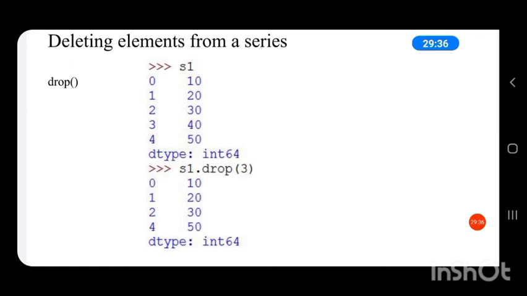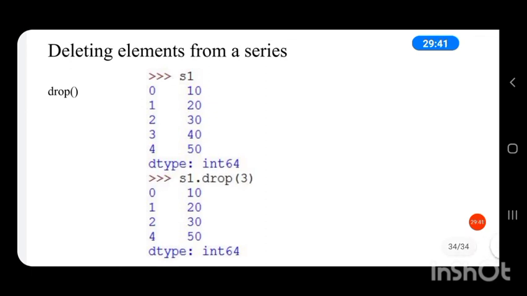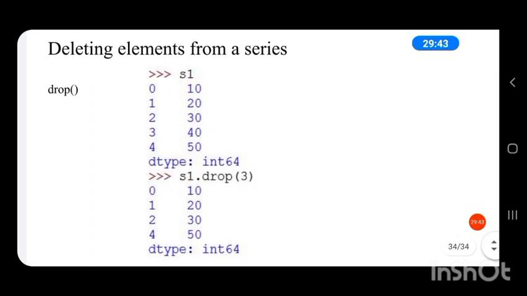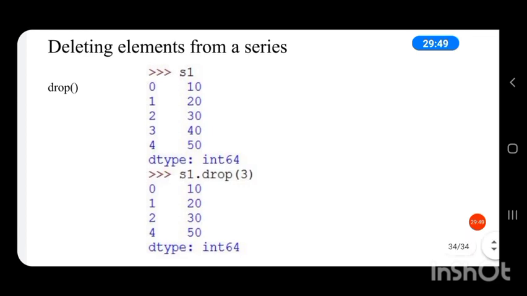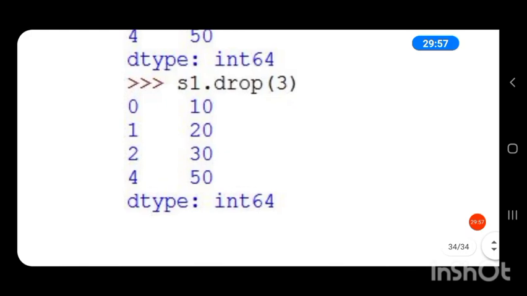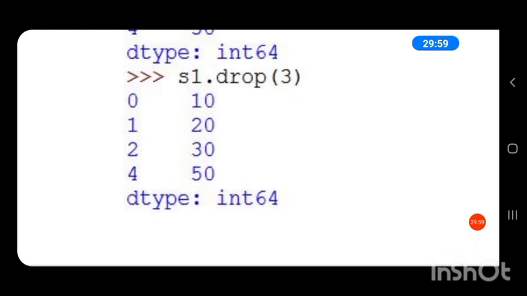S1 drop, and in brackets as a parameter of the drop function, we have to provide the index of the particular value which we have to delete. So we have given the function S1 drop 3.